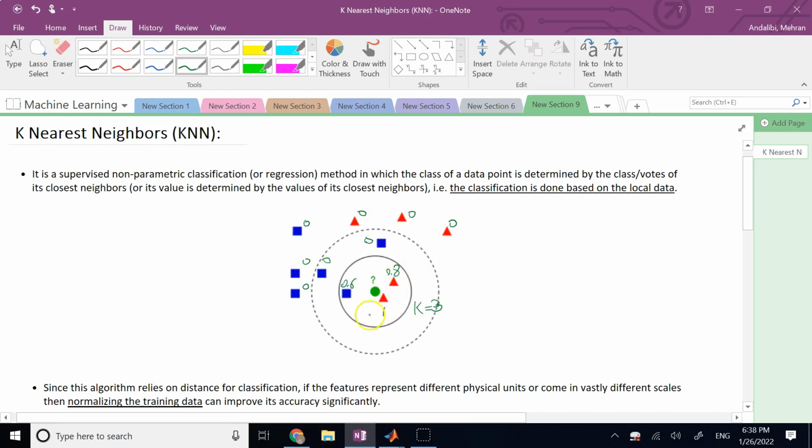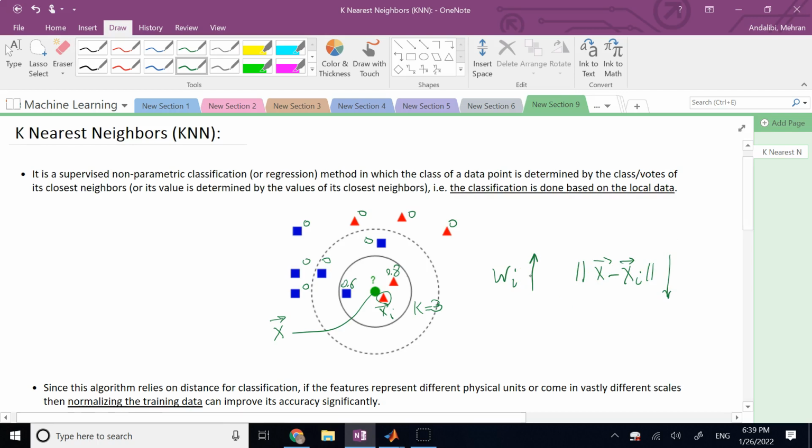Okay, and how do I do it? There are too many different ways, but basically the goal is this. If you call this point vector x, and if you call this training data xi, correct? The weight of that data xi should go what? Up when the distance between that xi and x is going down. So the closer you are, the bigger your weight is going to be.